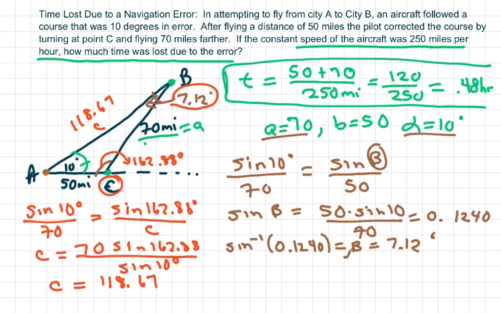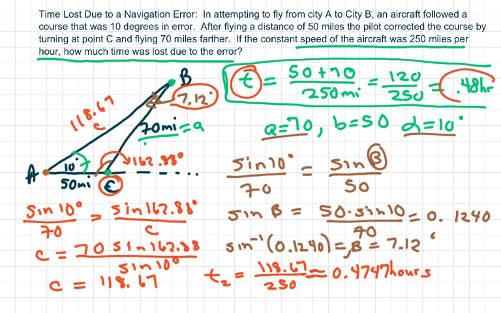I want to find the time if he had not made the navigation error. So your time, I'll call it time 2, is going to be 118.67 over 250 miles per hour. This gives you approximately 0.4747 hours.